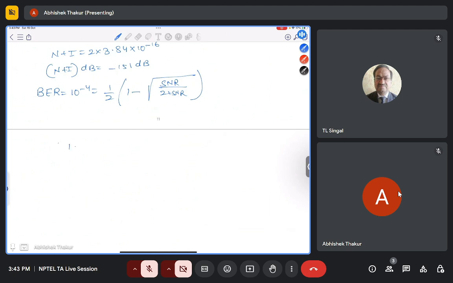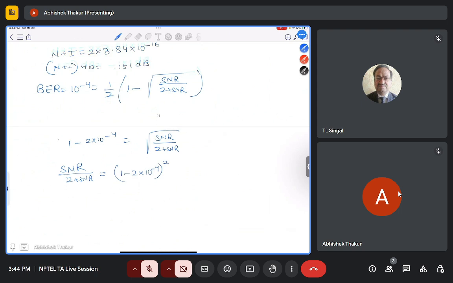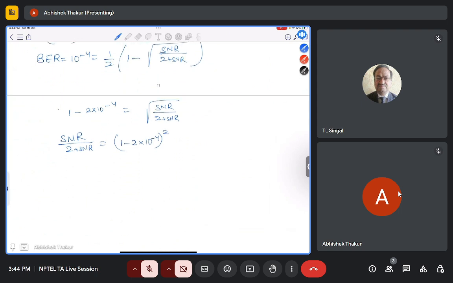So 1 minus 2 into 10 to the power of minus 4 is equal to square root of SNR by 2 plus SNR. So when you find this, it will be nearly 5 into 10 to the power of 3.